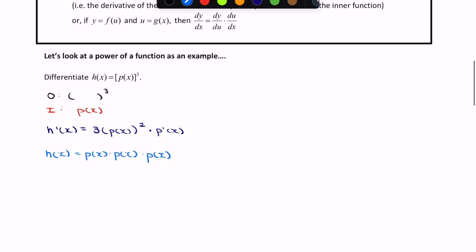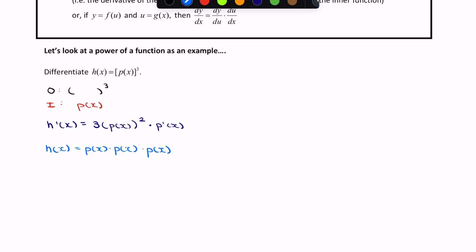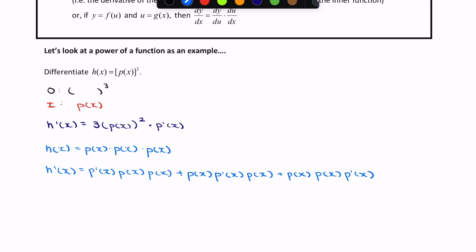And here, again, if we use the product rule, we have h prime of x is equal to p prime of x times p of x times p of x, plus p of x times p prime of x times p of x, plus p of x times p of x times p prime of x.